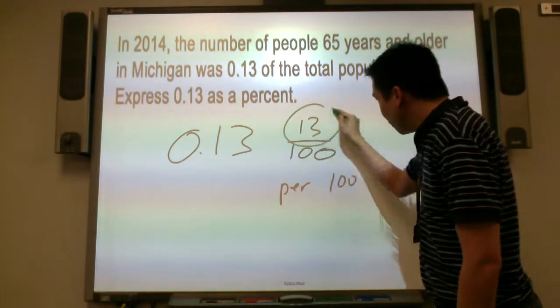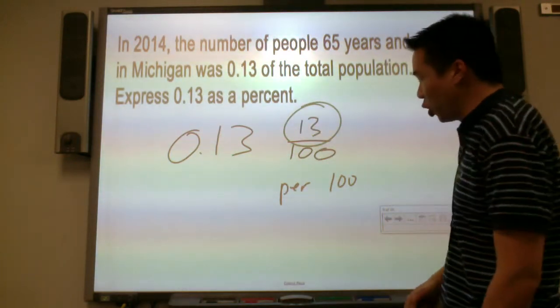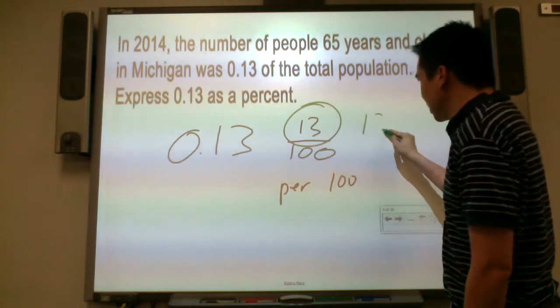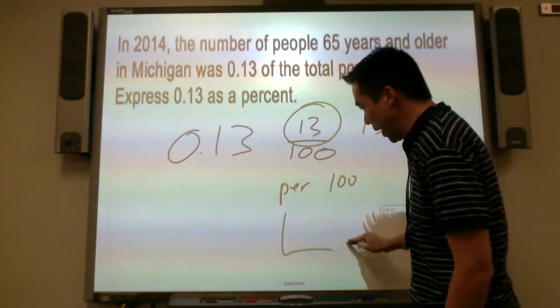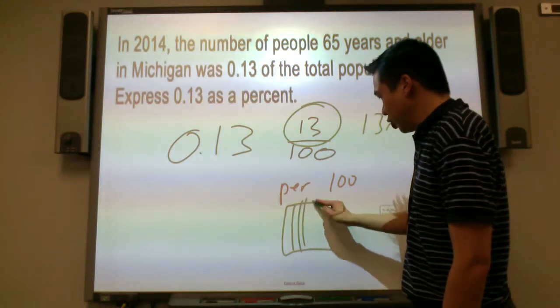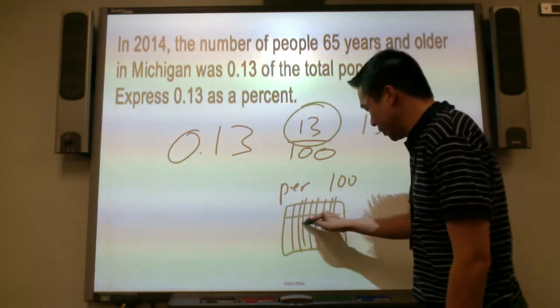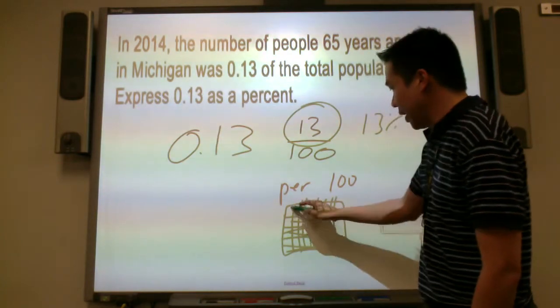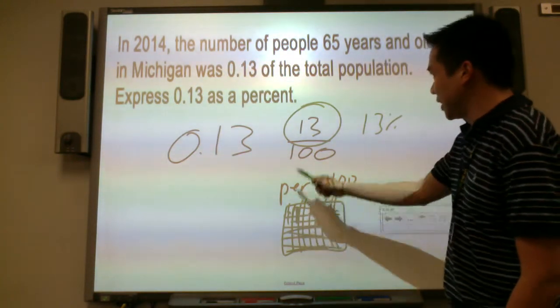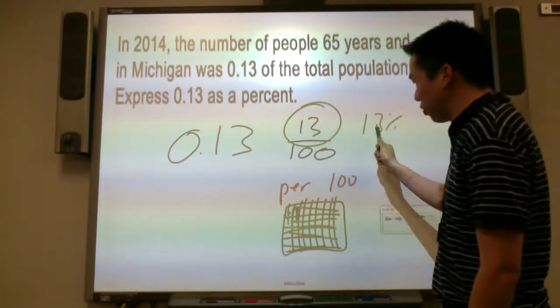So, how many parts per 100 are there? 13%. Again, if you want to, we can draw a grid. You can draw a 10 by 10 grid, and shade in 13 of it, and then it'll be 13 hundredths, 13 out of 100, or 13%.